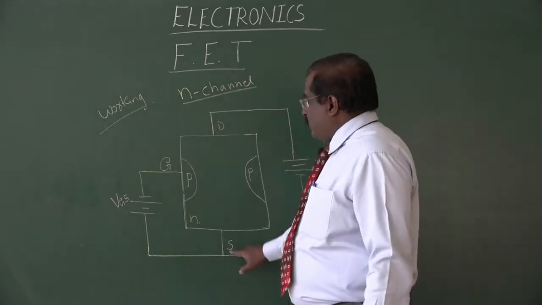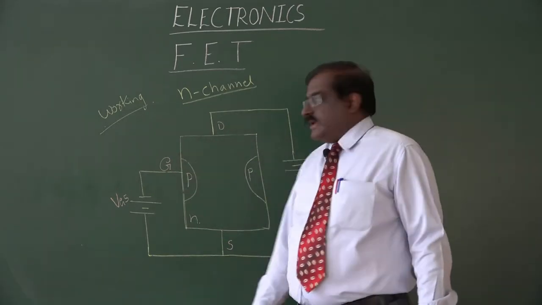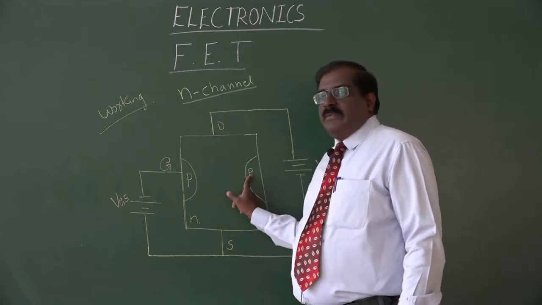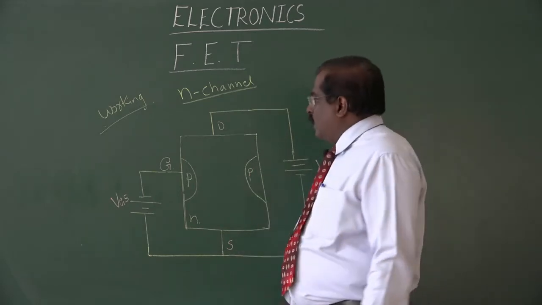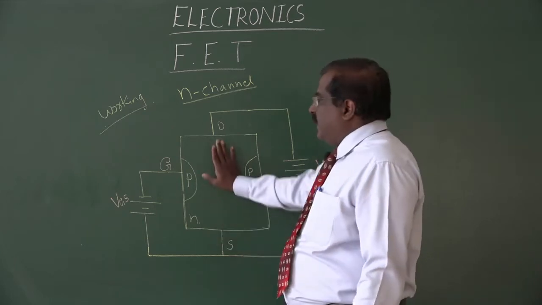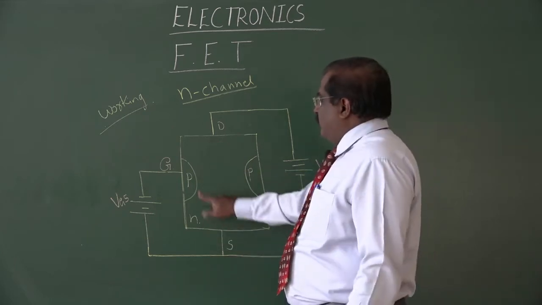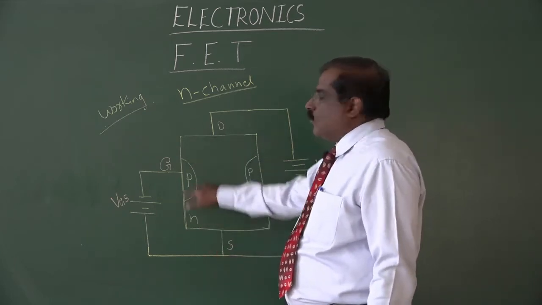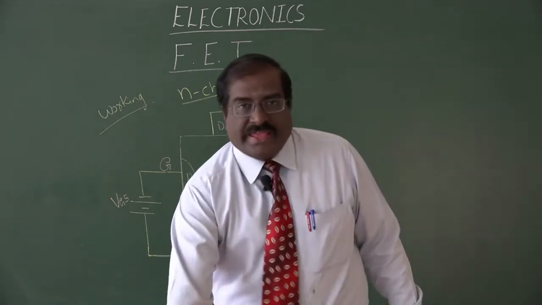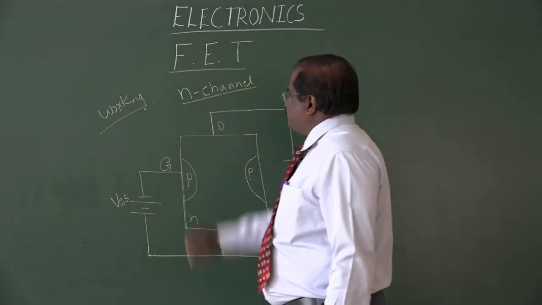The terminals source, drain, gate are connected. On the N-type semiconductor bar, P-type semiconductor is heavily doped, and hence it is called an N-channel FET.